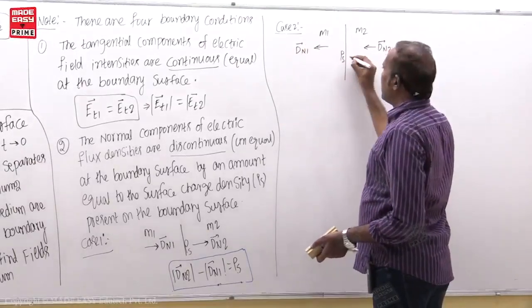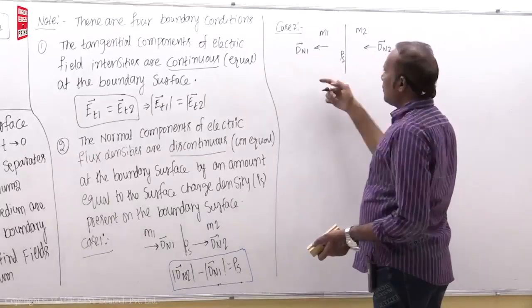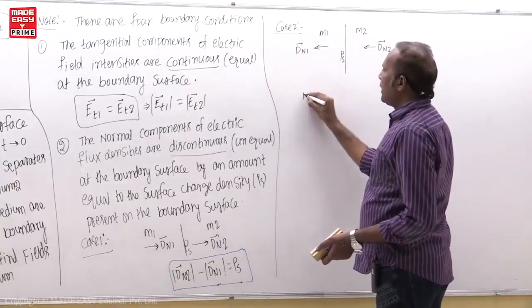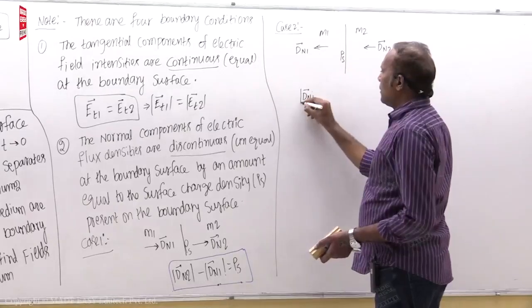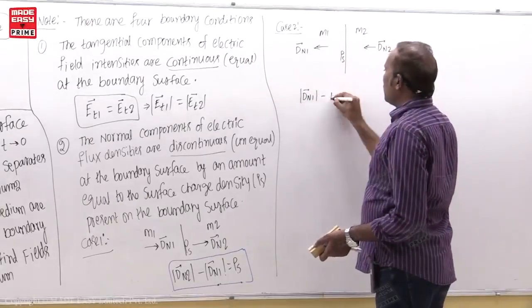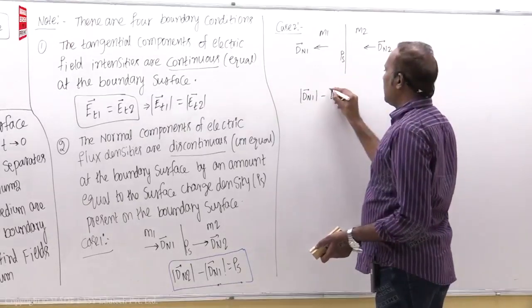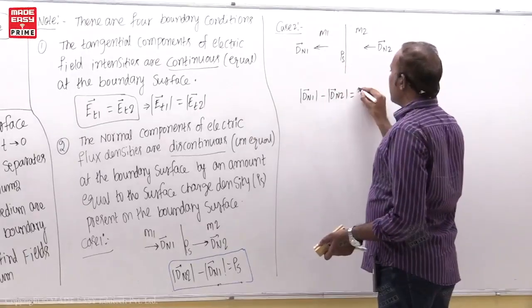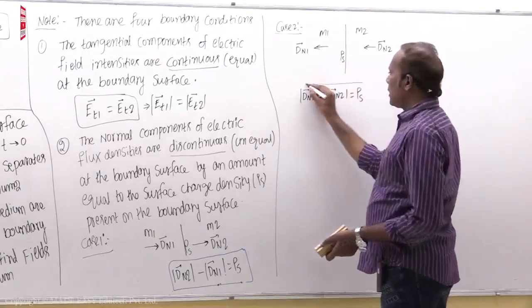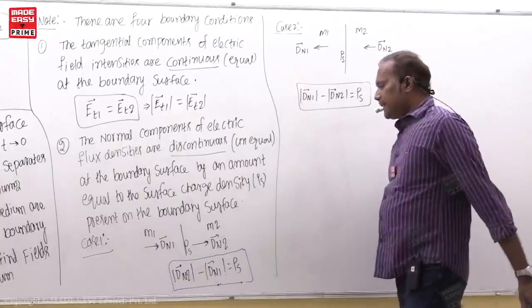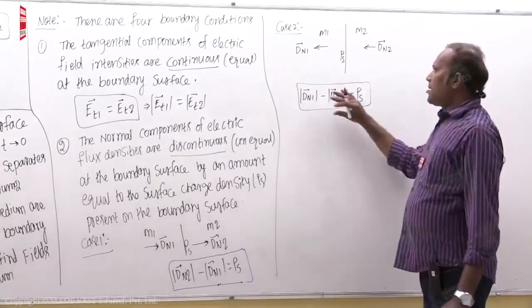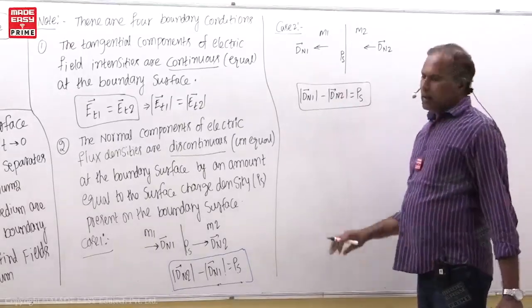Then here rho s is given. In this case also, outgoing from the boundary minus incoming towards the boundary is equal to the surface charge density present on the boundary. This is the equation. So depending on the situation, you have to take this one.